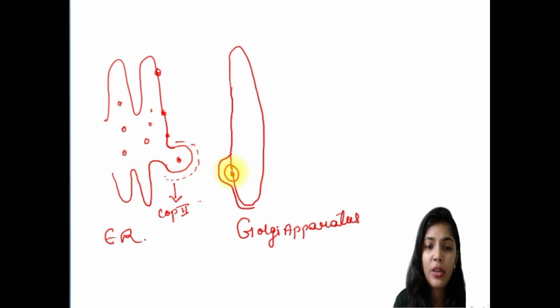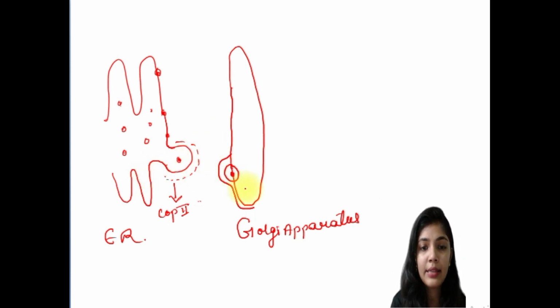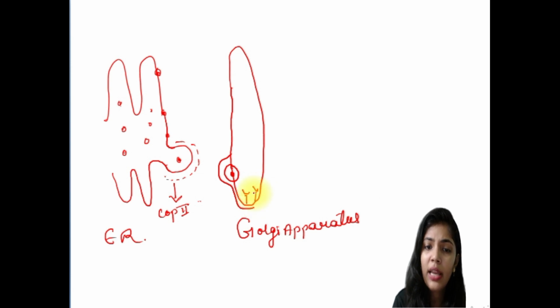Now, when this protein is coming, it will act as a ligand. For binding this protein, there needs to be a receptor. The Golgi apparatus has a receptor which will bind the protein having the KDEL sequence. When the Golgi apparatus recognizes the proteins having the KDEL sequence, they bind with the receptor.